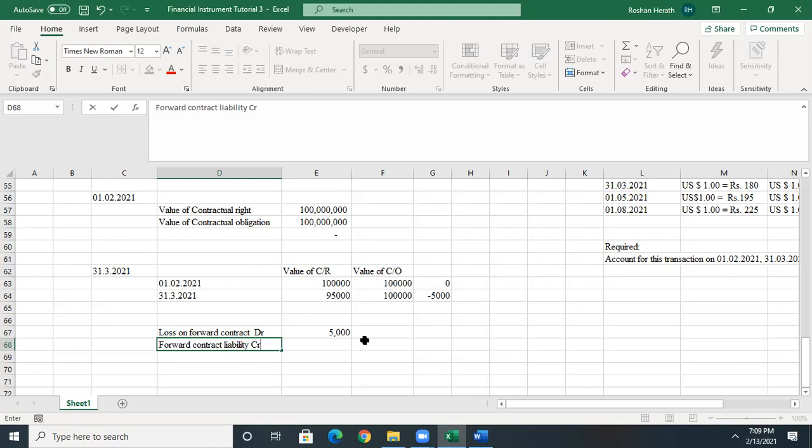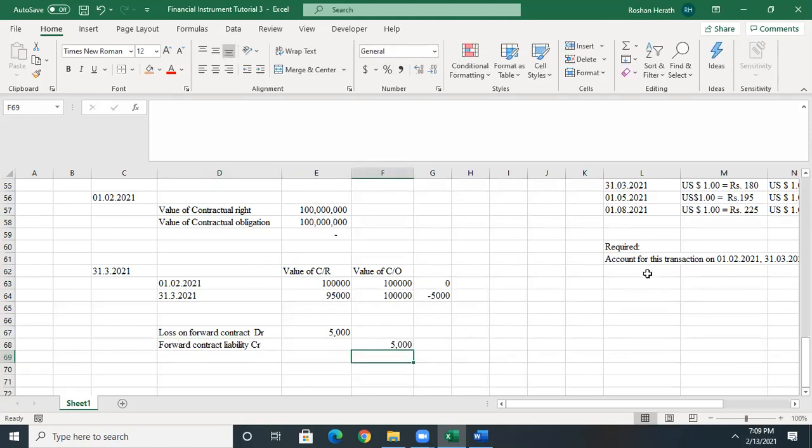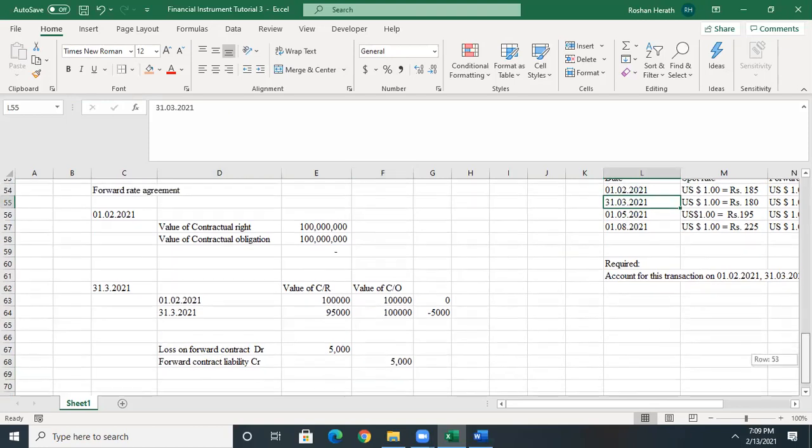It's a credit. So this is the accounting for this derivative on 31st March 2021. You remeasure them at the reporting date.